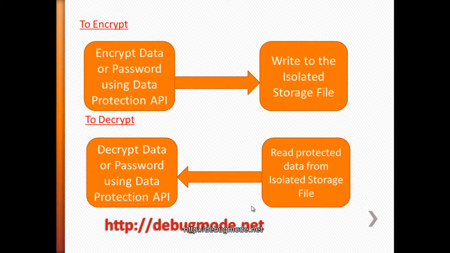After encrypting it, write the protected or encrypted data to the isolated storage file. While decrypting and reading it back, you need to read the protected data from the isolated storage file and then decrypt the data using the Data Protection API.